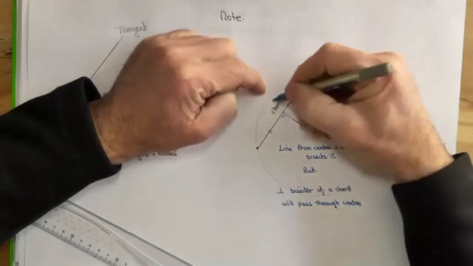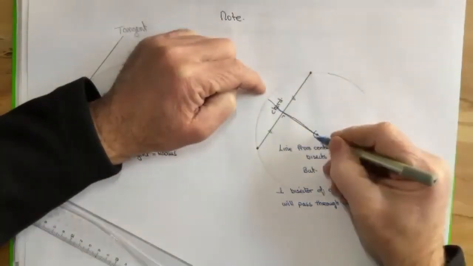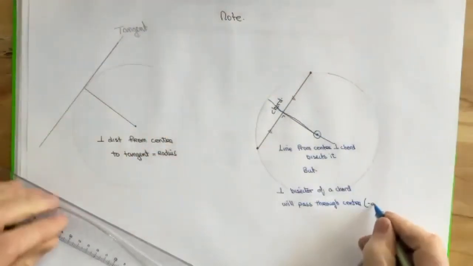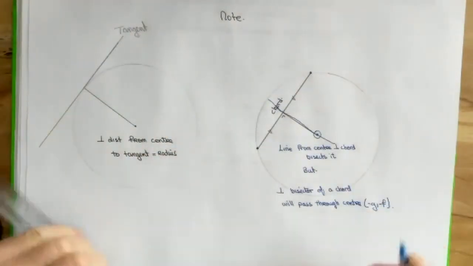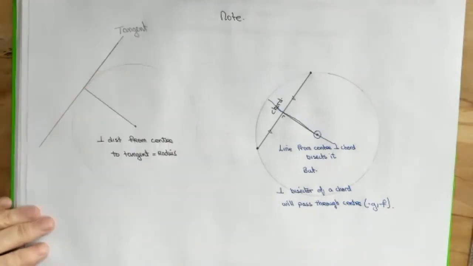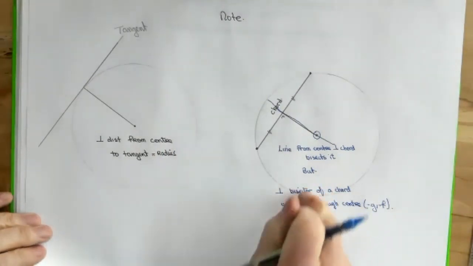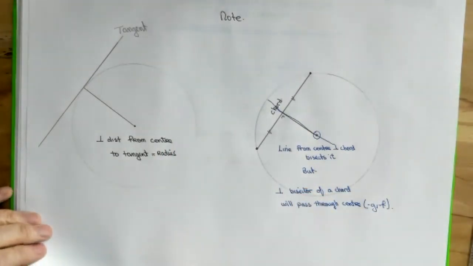That line, the perpendicular bisector of the chord, will go through the center, and the center is minus g, minus f. You will definitely use that in a lot of exam questions, and that is an option quite a number of times.